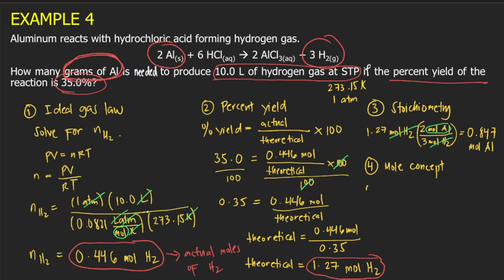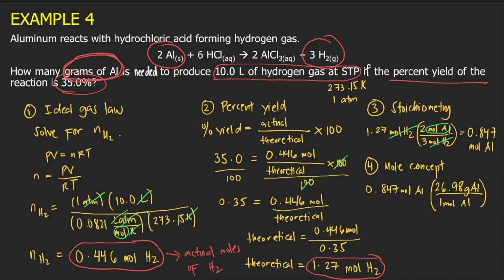So we will convert 0.847 moles of aluminum. The molar mass of aluminum is 26.98 grams per mole. So you put that into your equation. 1 mole of aluminum is equivalent to 26.98 grams of aluminum.